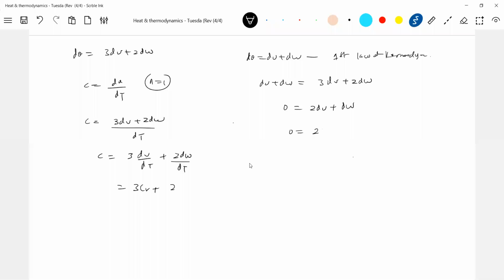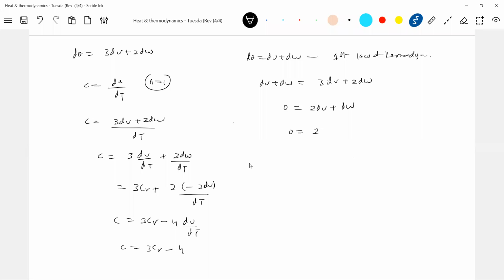So dw you can write as 2 du minus 4 du by dt.